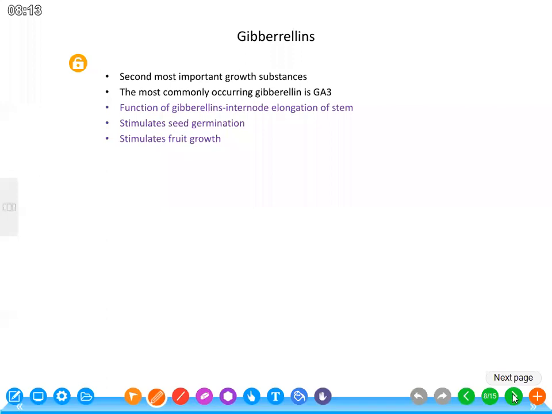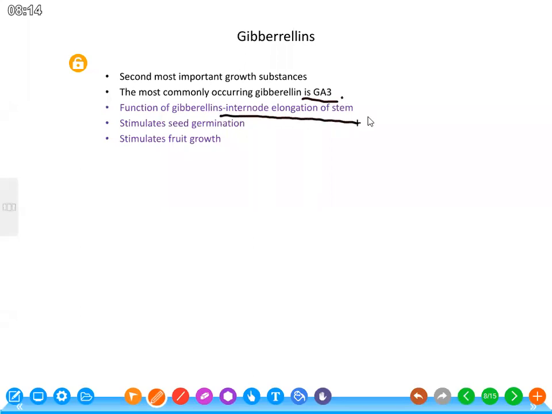Second plant growth substance, gibberellins. The second most important growth substance is gibberellin. The most commonly occurring gibberellin is GA3. What is the function of gibberellins?